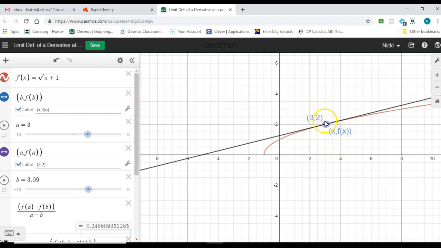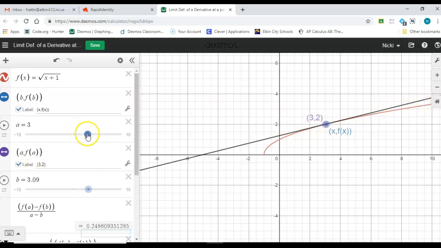And so right there at 3, I don't think I've got it perfect, but we can see this line right here is going to have a slope, hopefully, of up 1 over 4. Might be a little off. No, it's all right. Up 1 over 4. And you can see the slope of that line at that point.